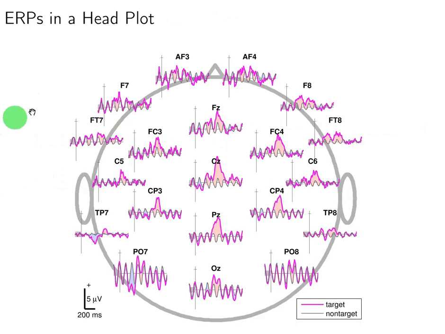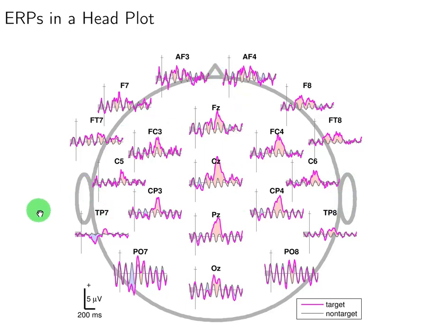The first example here is that we can plot these ERPs in a head plot and visualize in the following form. What we have here are channels corresponding to AF3, AF4, CZ, CPZ, and then this is the head shape, which is represented by a circle, right ear, left ear, nose.